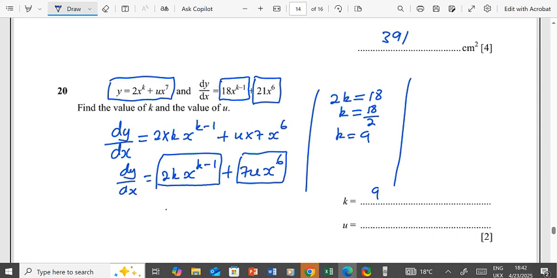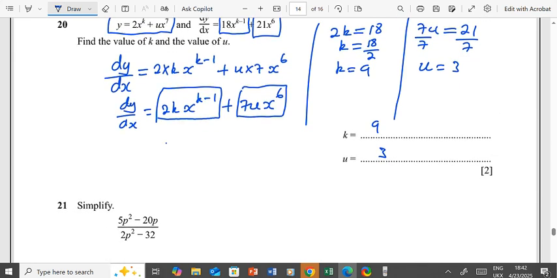The coefficient of x to the power 6 is 7u in the function I differentiated, and in the dy/dx I already had, it is 21. So to get u, we divide both sides by 7. So u is equal to 3.